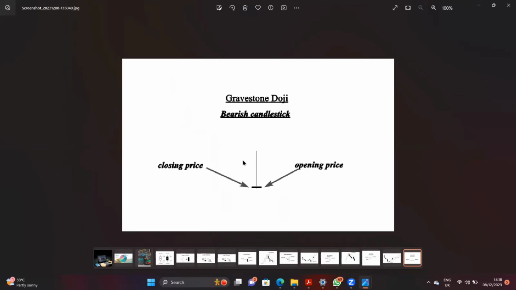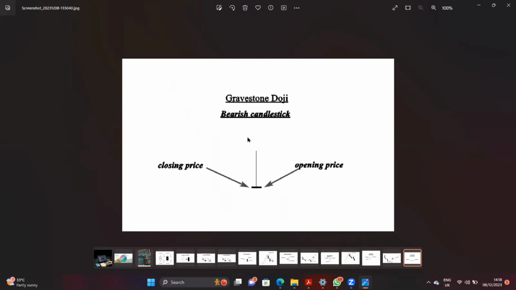So if we say that on the dragonfly, buyers resisted price and pulled price up, close right near its open price, the same statement can also be used for the gravestone doji.